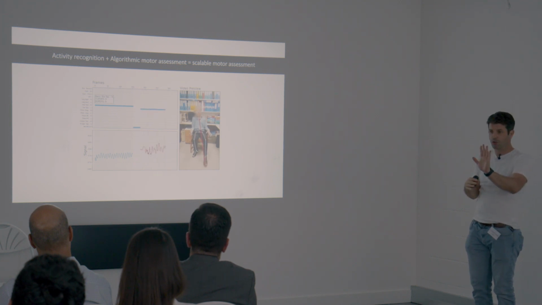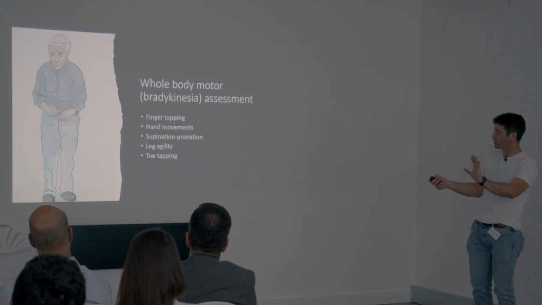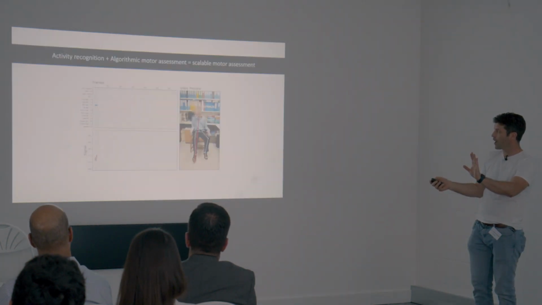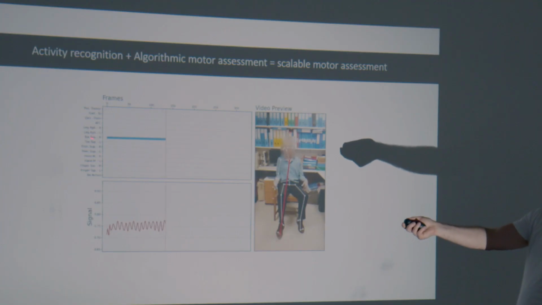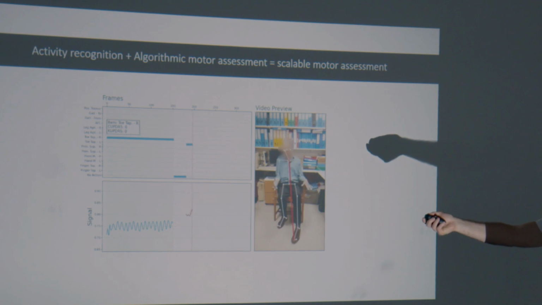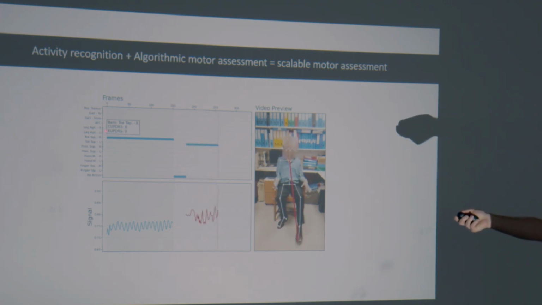Once the video has been recorded, the algorithm takes the video and identifies when they're performing the particular action, and that's what you can see here. Here it's saying the patient is toe tapping now. Once the toe tapping is finished, the motor assessment algorithm kicks in and says this patient's doing that in a normal fashion, so it scores a 0. Anything 1, 2, 3, or 4 would be various degrees of impairment.